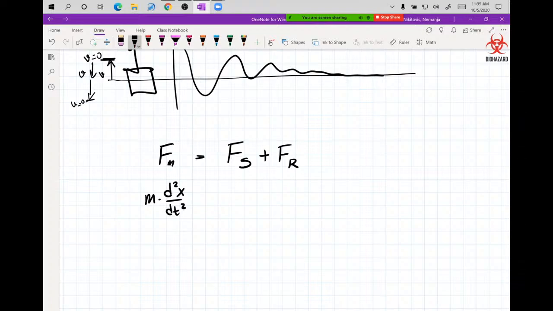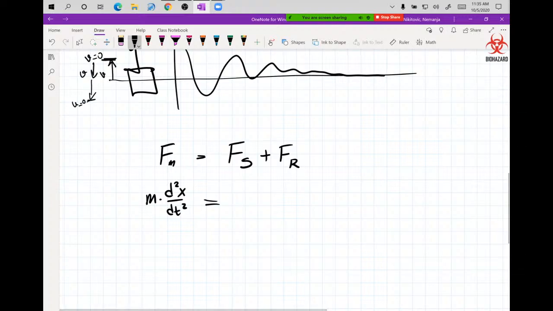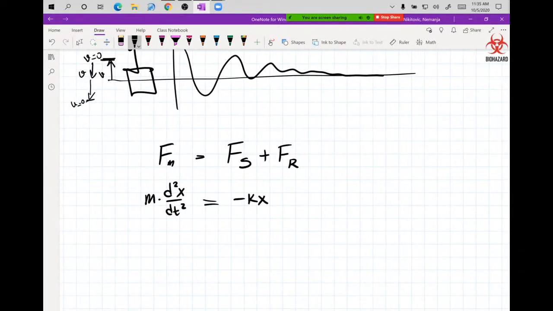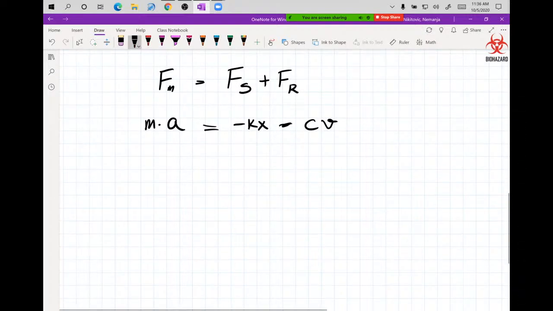Now on the other side, we have our equation that I said before. We're going to have negative kx, and we're also going to have a negative cv. Now v, you know what? Let's put this as a and then go to the next line and fix all of this.